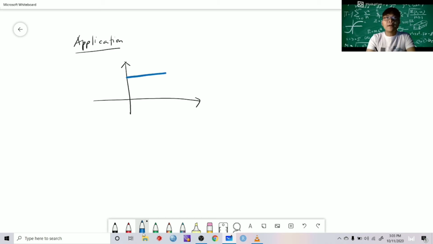So let's have this blue area. For example, we have this 1 and then 1. So this is 1 comma 1.